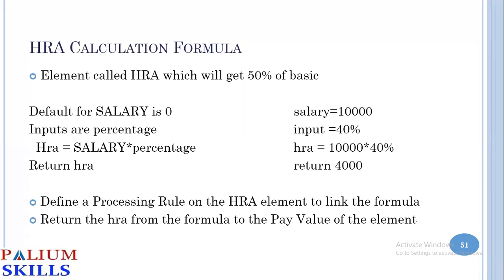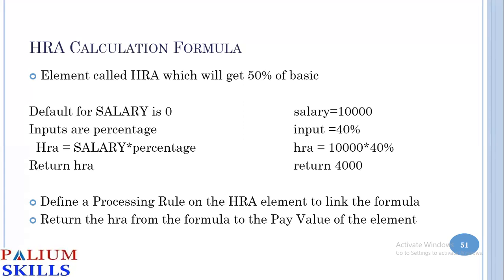Correct. Somebody may not have a salary accidentally, then when the system processes null into percentage, it will fail. So to avoid that situation, we put a default value. If somebody's value is missing, put it as zero.